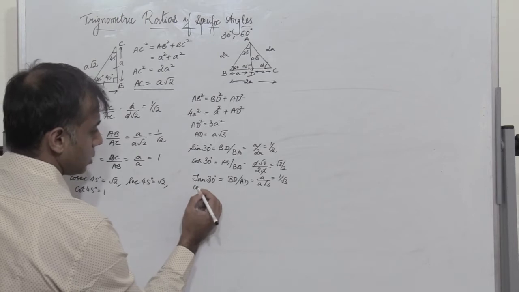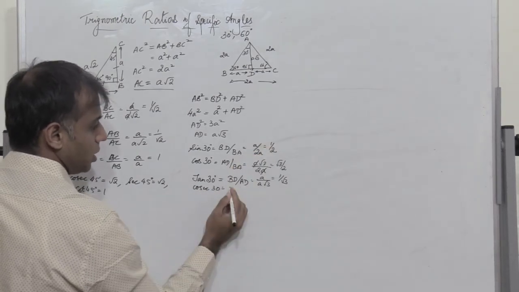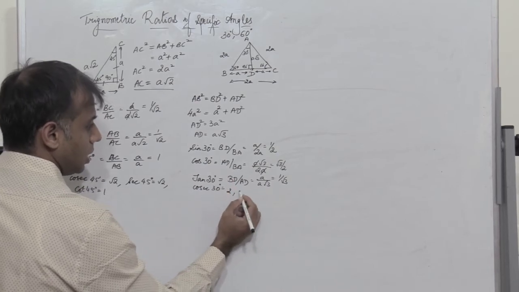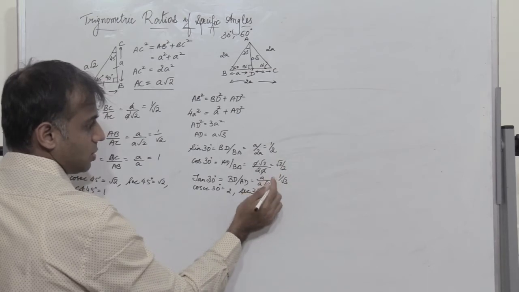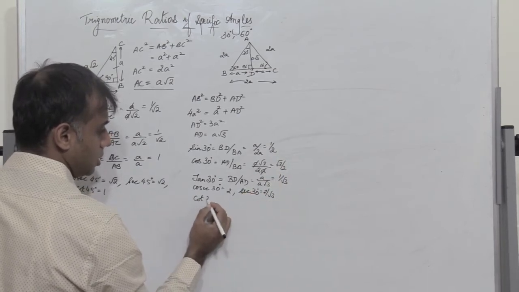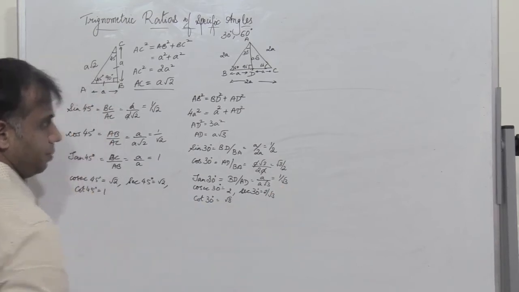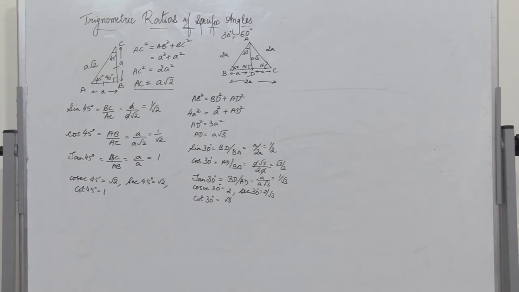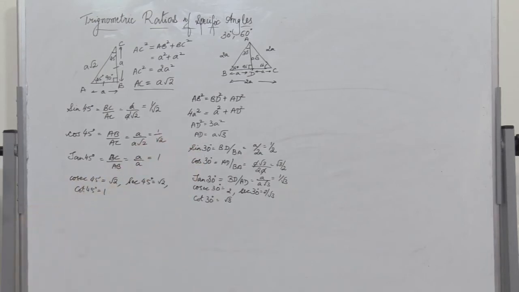So cosecant 30 is the reciprocal of 1 by 2, which is 2, and secant 30 degrees is the reciprocal of this, which is 2 by root 3, and cot 30 is the reciprocal of 1 by root 3, which is root 3.